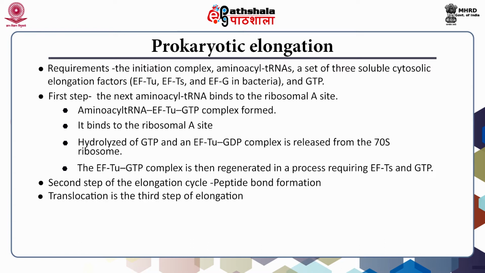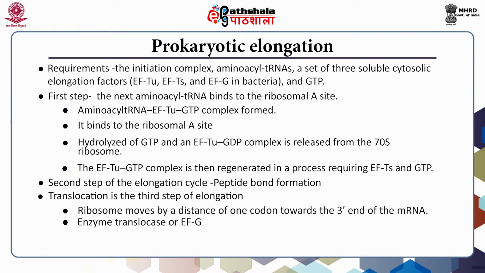Translocation is the third step of elongation, during which the ribosome moves a distance of one codon towards the 3' direction of the messenger RNA. This results in repositioning of the dipeptidyl transfer RNA to the P site of the ribosome and the deacylated transfer RNA to the E site, from where the transfer RNA is released into the cytosol.